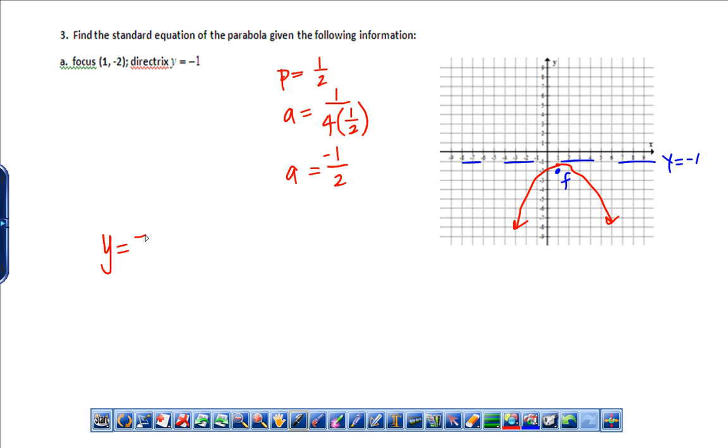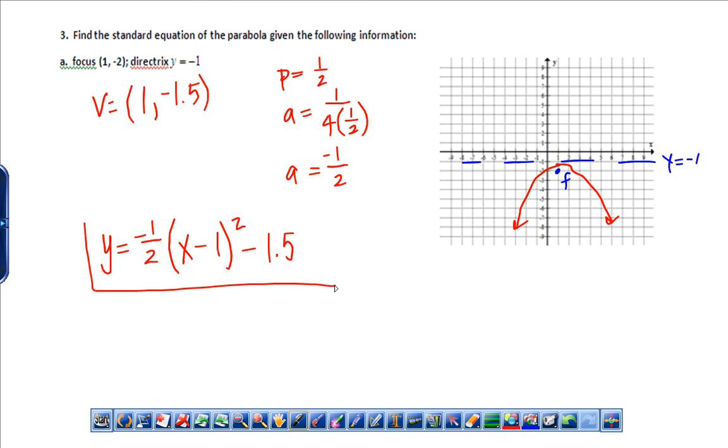I know my a is negative 1/2. My vertex, I can figure out right here, is going to be, I'm going to just say negative 1.5 because it's in the middle of both of these. So this is going to say (x minus 1) quantity squared, then minus 1.5.